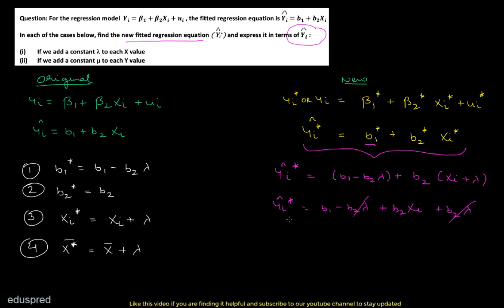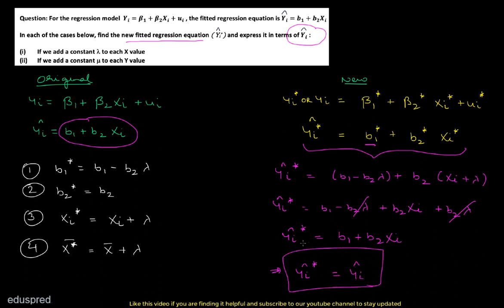This and this get cancelled, and we get y hat star is equal to b1 plus b2 xi, which is exactly the same thing that's written over here. This implies that yi hat star is just equal to your yi hat. Okay, so this is what they wanted us to find for the first case.